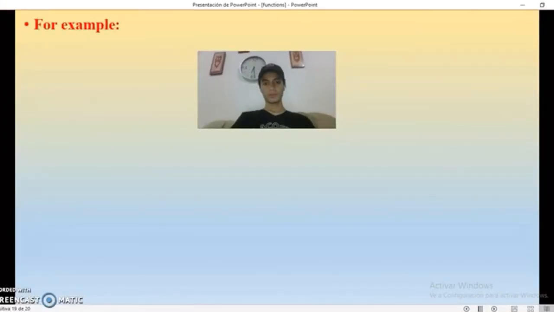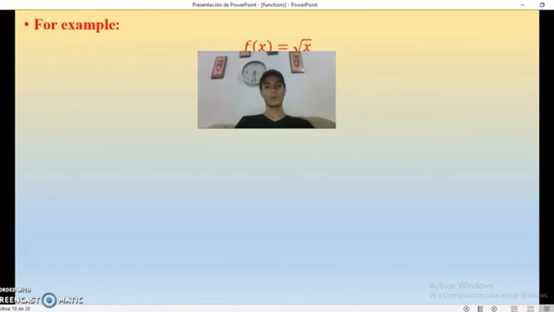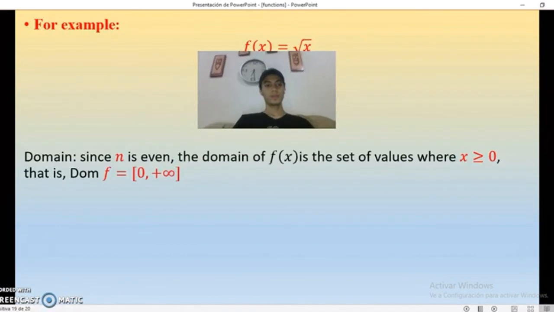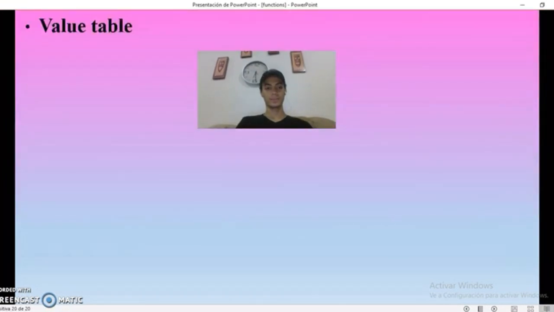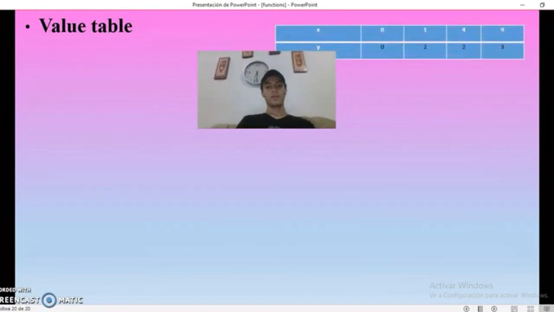For example, f of x equals the square root of x. Domain. Since n is even, the domain of f of x is the set of values where x is greater than or equal to 0. The cut point fits with the coordinate value table. Values are given to x and the graphic is made.